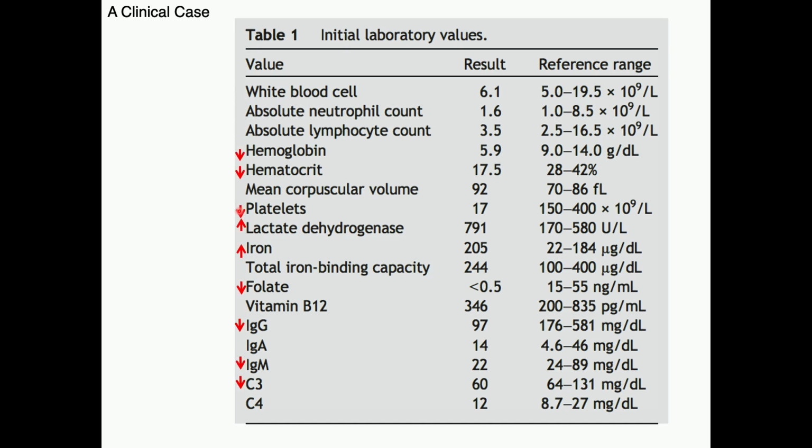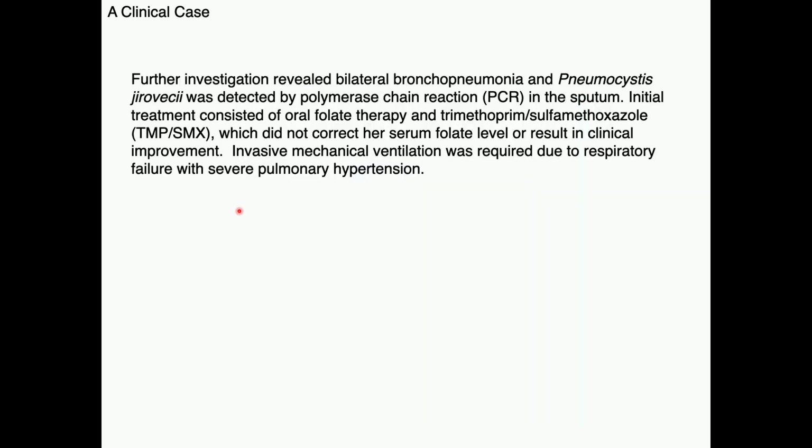Okay, so let's see. So she had a pneumonia, and the organism that was cultured, or identified in her lungs, was Pneumocystis jirovecii. Has anyone heard of that before? What's the significance of Pneumocystis jirovecii? Pneumonia, usually?